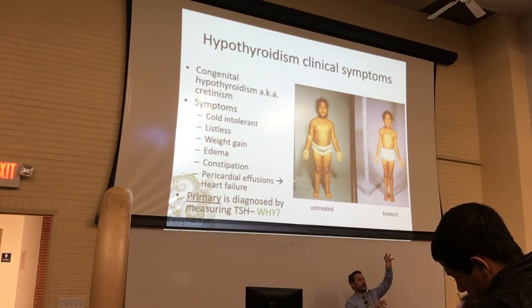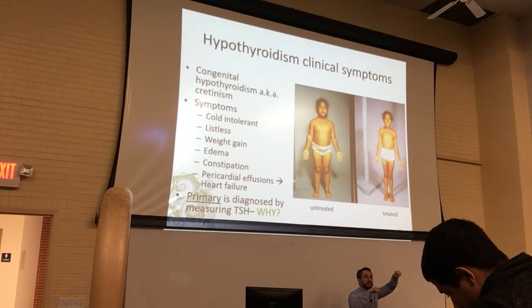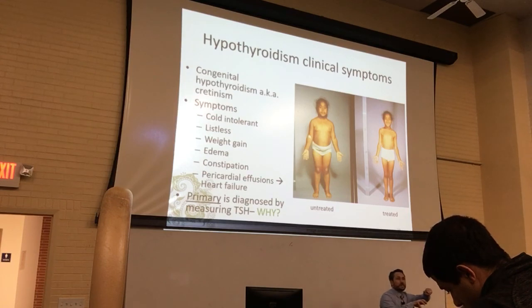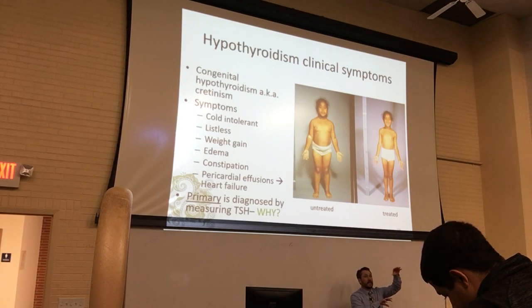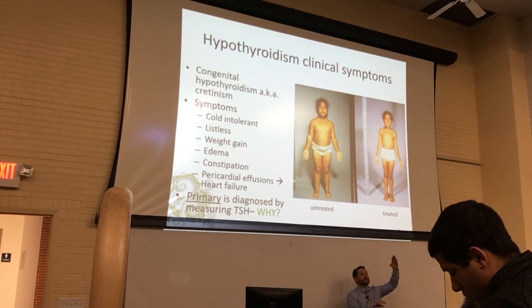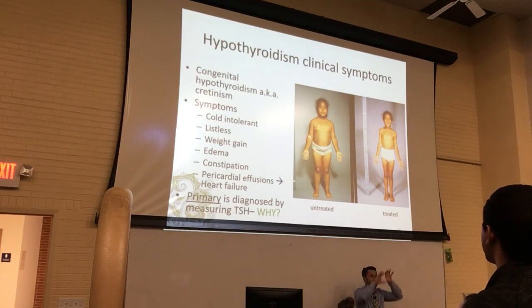The body's response is to have the anterior pituitary make more TSH to tell the thyroid to do something. So typically, hypothyroidism, or this cretinism, congenital hypothyroidism, is diagnosed by measuring TSH levels from the anterior pituitary. And they usually go up by 4 to 5-fold what they're normally supposed to be. Because the pituitary is trying to tell the thyroid, get going.